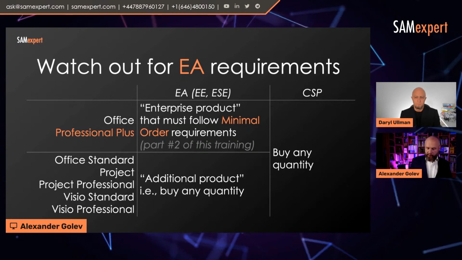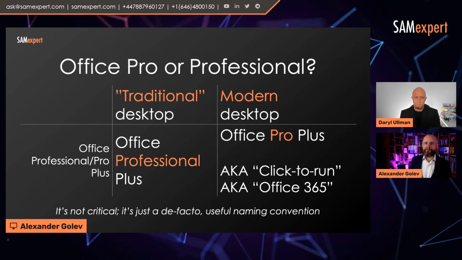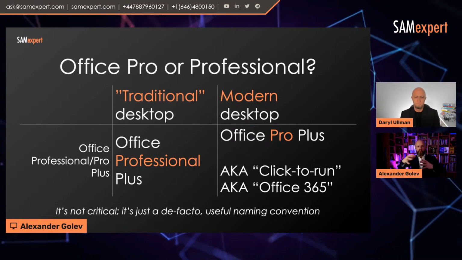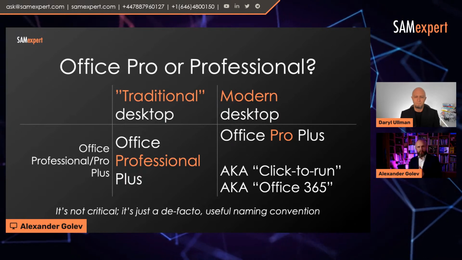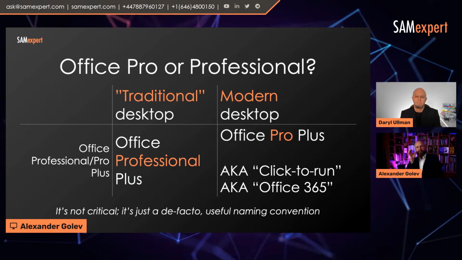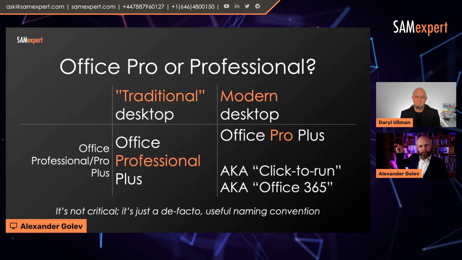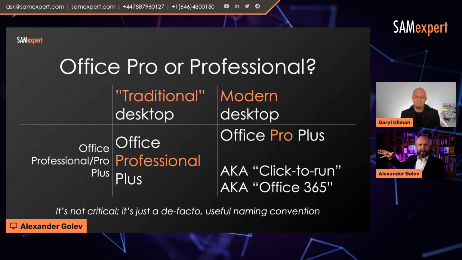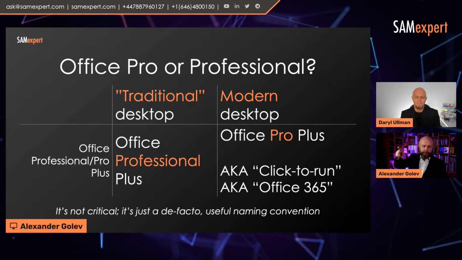And by the way, when I talk about Office Professional Plus, I follow a convention that is created by Microsoft, but not really well known. Consultants pass it on one to another, to be able to speak quicker and understand each other without explanations. So there's Office Pro Plus and Office Professional Plus. Office Professional Plus is the old traditional Office Professional Plus 2016, 2019, 2000, XP. XP was a Professional Plus too. It started from 2010.